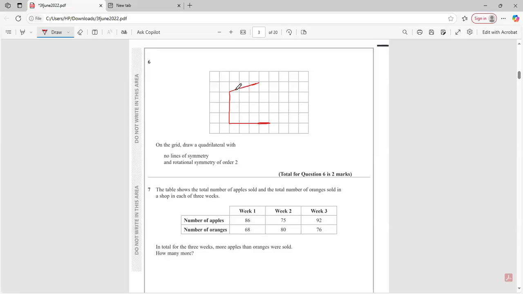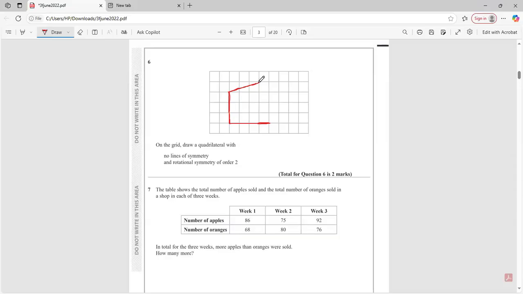Okay. So this, I'm presuming, is how it should look. For it to have rotational symmetry of order 2, it means that if it's rotated 2 times, it will only look the same after 2 times of rotation.